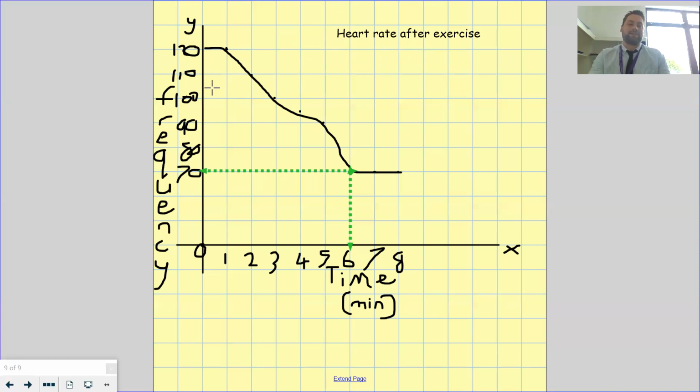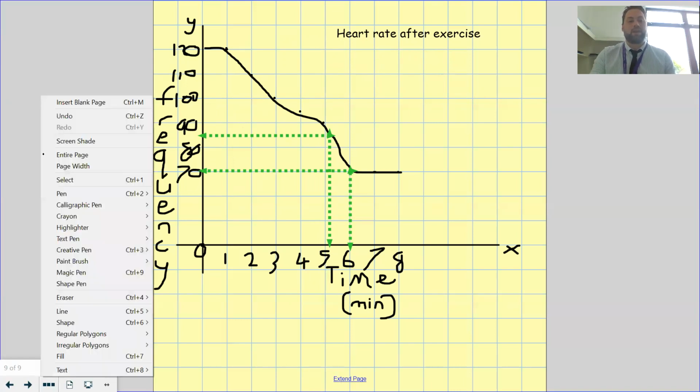You may get a question that says, what was the time when the heart rate was 85 beats per minute? So we go to 85, which is between 80 and 90. And as soon as we hit that line, we then come down. And we could say it was just after 5 minutes, maybe 5 minutes and 10 seconds, when the heart rate was 85 beats per minute. So that's basically a line graph.